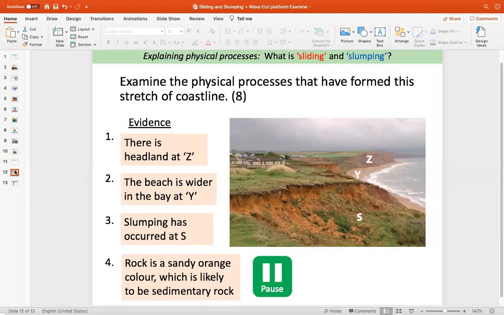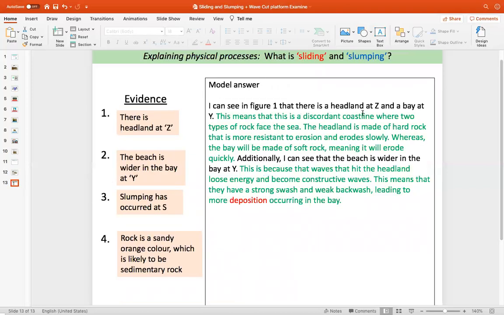So we've mentioned a lot of different physical processes. We've mentioned erosion and deposition. So we can try and get some more in. We don't need to use paragraphs in an exam question. We can just carry on presenting our evidence and our explanation.